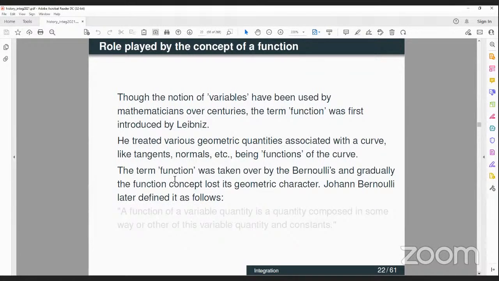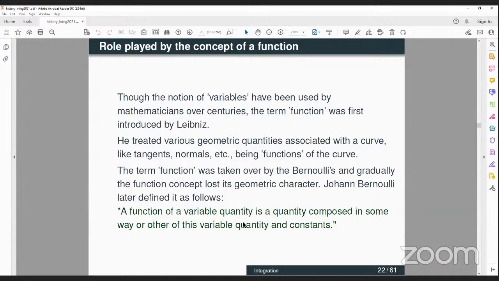This notion of function was taken over by Bernoulli, and gradually the function concept lost its geometric character, which was given by Leibniz. John Bernoulli later defined it as follows. Now you see slowly how mathematics is emerging.